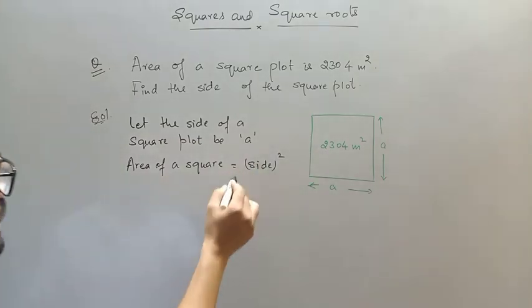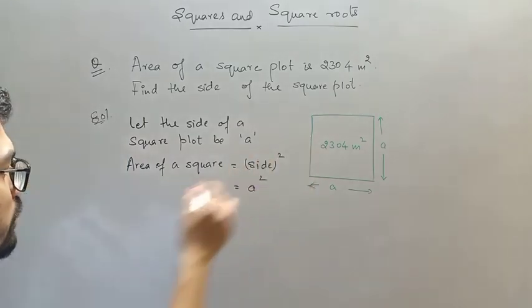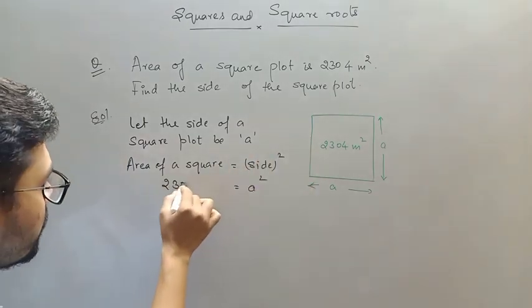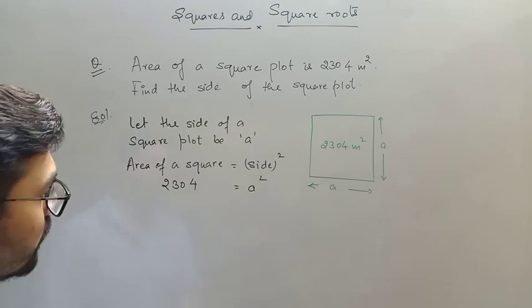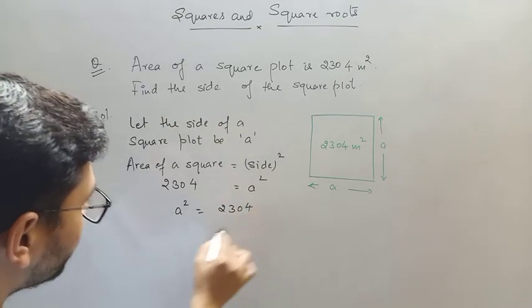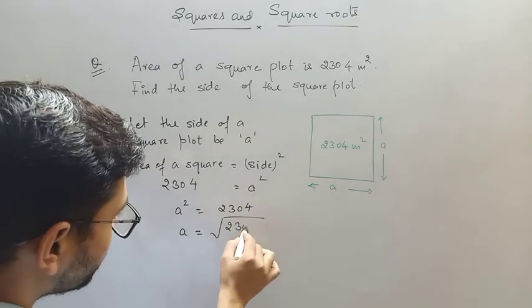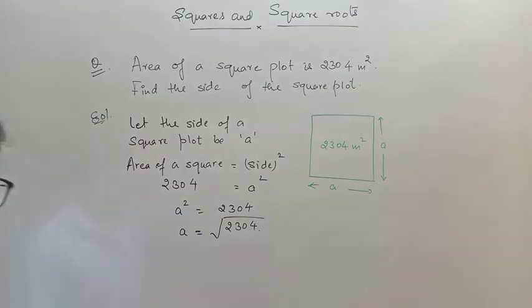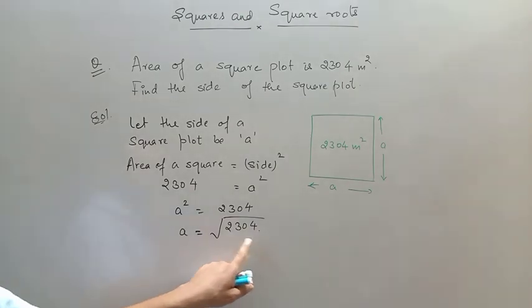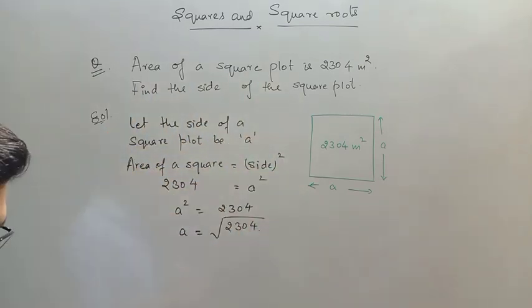And what is side? A square. And area is also given in the question itself, 2304. So I can write A square is equal to 2304, or A is equal to square root of 2304. Now the square root of 2304 will give me the side of this square. So you need to calculate the square root of 2304.